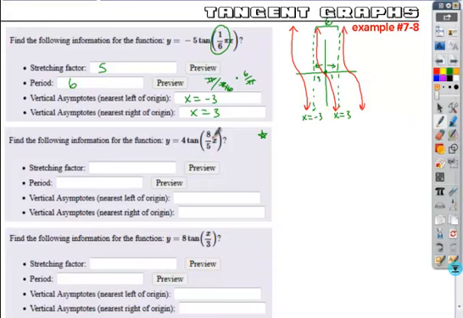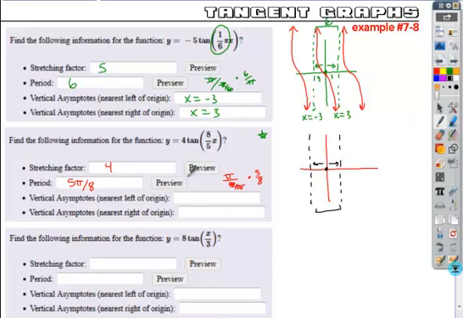Okay, so for this second example here, the stretching factor is 4. The period is pi divided by 8 over 5, which is like multiplying by 5 over 8. So you get 5 pi over 8 is the period. Which means when we look at the sketch for this, because it's a tangent, we're starting at that reference point, which is on, again, what equates to the midline. So that's going to be right here. And then since there's no shifting, the vertical asymptotes are going to be equal distances away from this point.